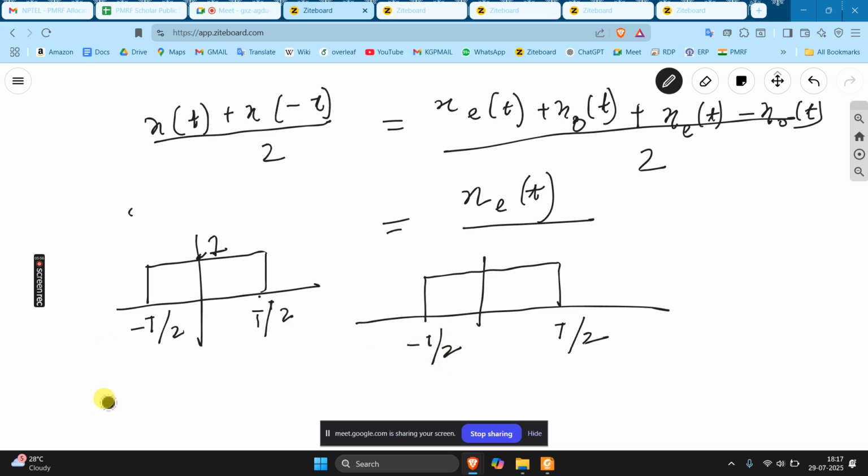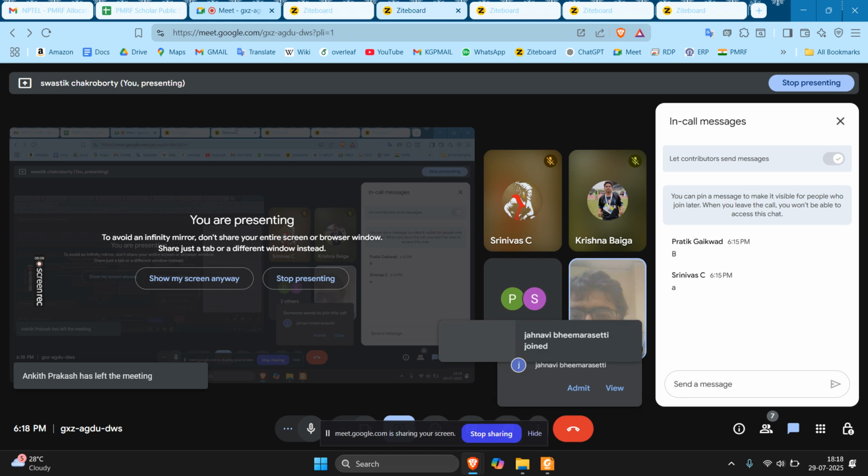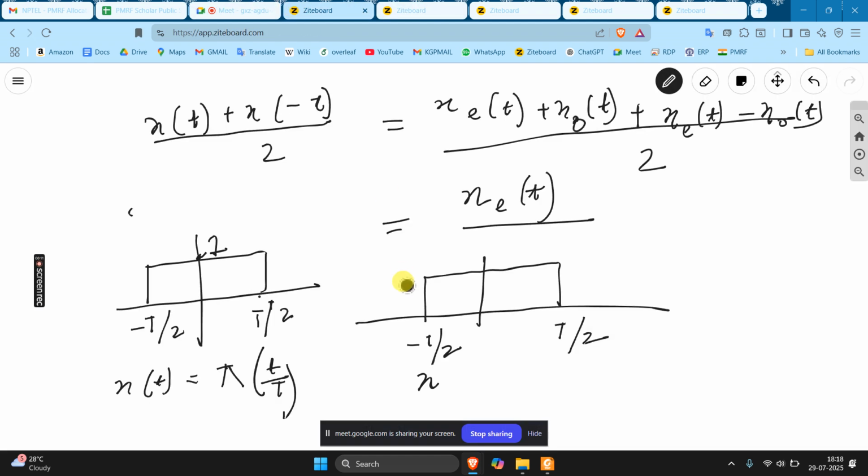So x(t) is rect(t/T), right? And what is x(-t)? x(-t) is again rect(t/T).